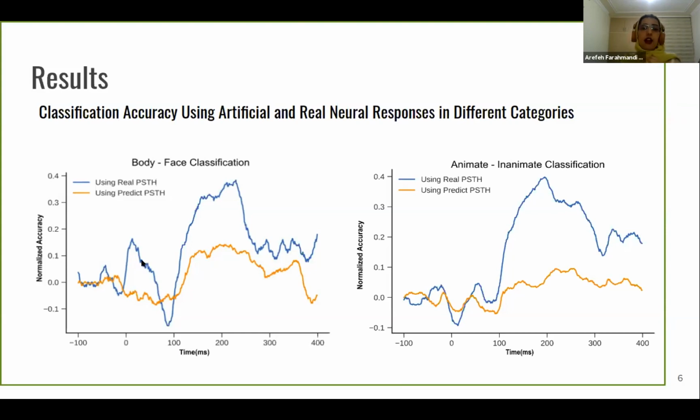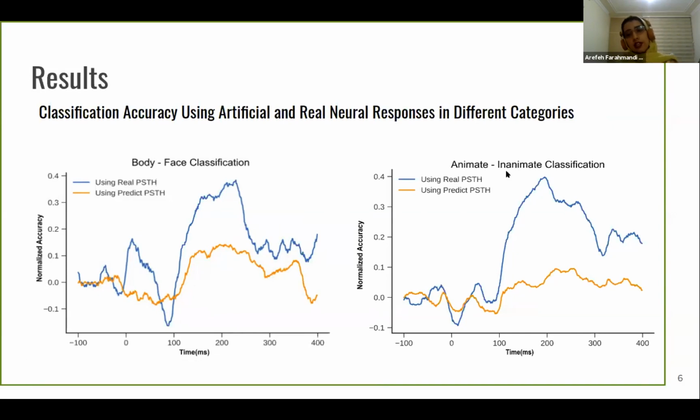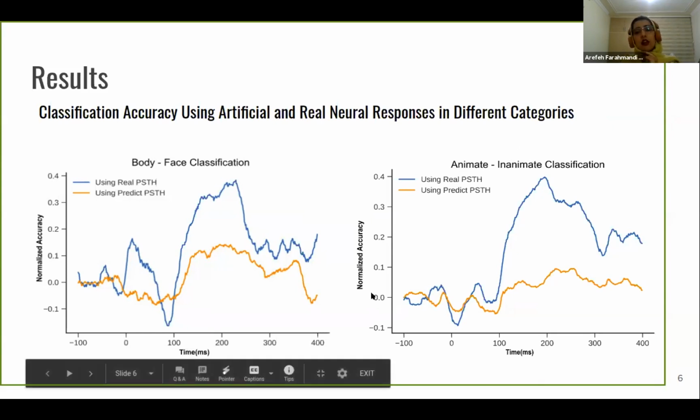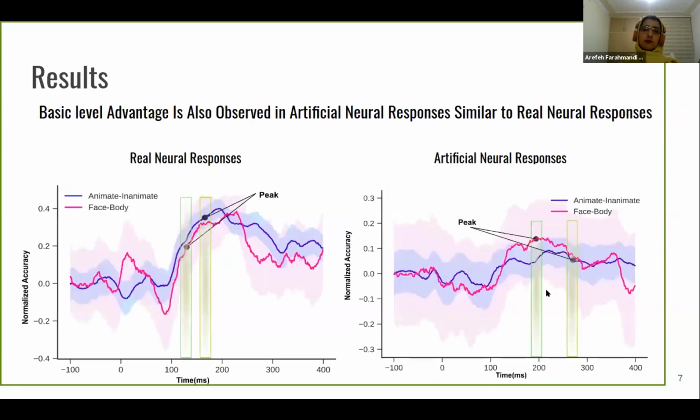And as you see, its behavior is very good, because it also has this trend, and we do this for different classifications. For example, here we have body face classification, here we have animate inanimate classification, and we can see here that our neural response is able to classify different categories, and we also have good accuracy for our predicted artificial neural response.